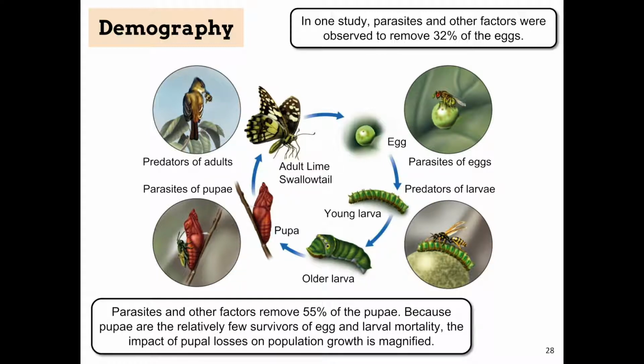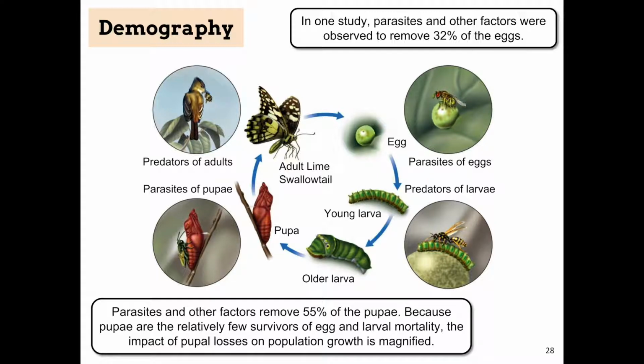The pupa, which are large and immobile, are perhaps the most vulnerable stage of the lime swallowtail life cycle, because they're often the most highly parasitized by a particular kind of wasp that comes in and attacks them.